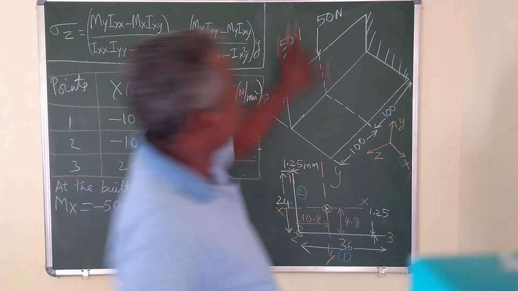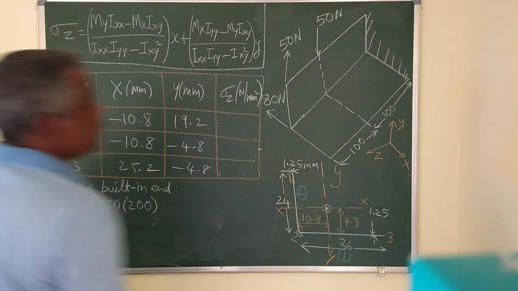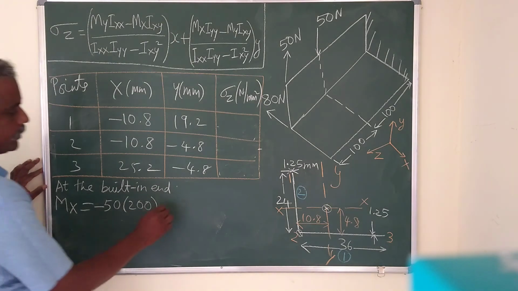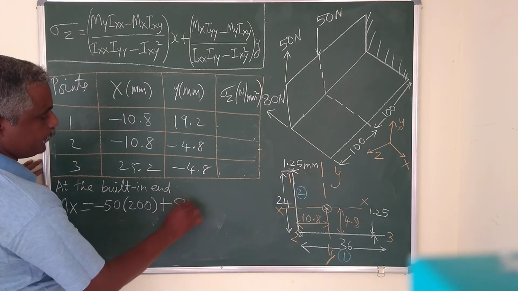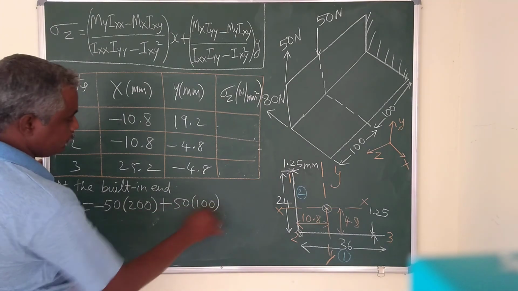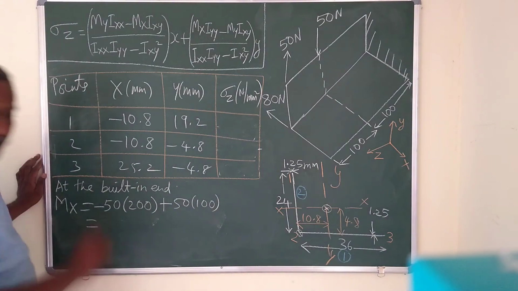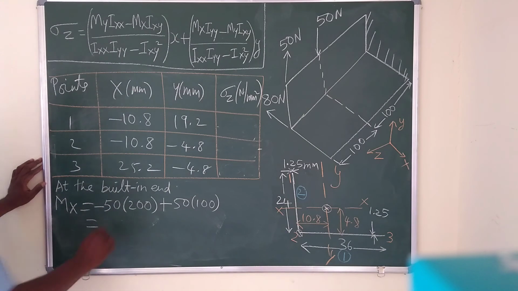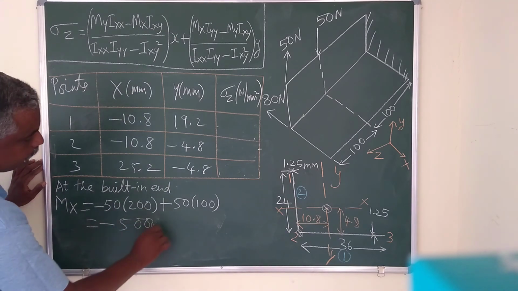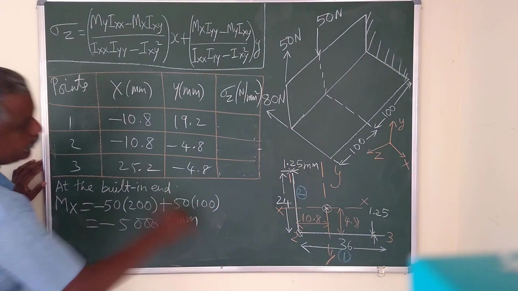Then this 50 into 100 produces a tension about x-axis, so plus 50 into 100. So now this gives mx is equal to minus 5000 Newton millimeter.